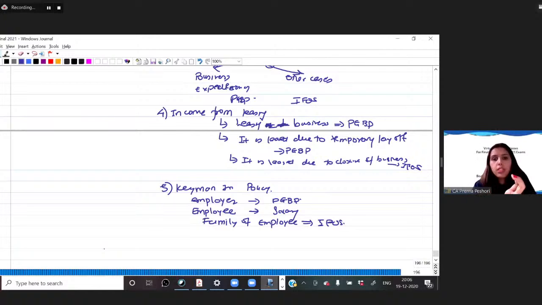Now my question to you is whether the interest on deposits for application money received is taxed under income from other sources or under PGBP. What do you think is the answer according to you?